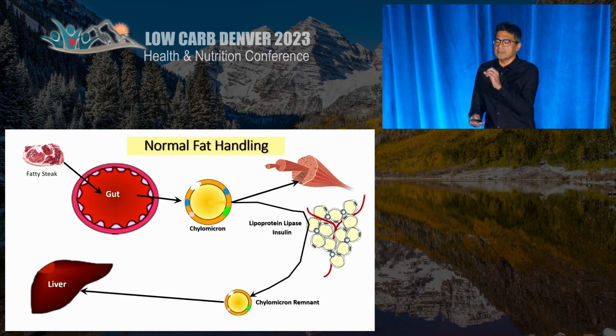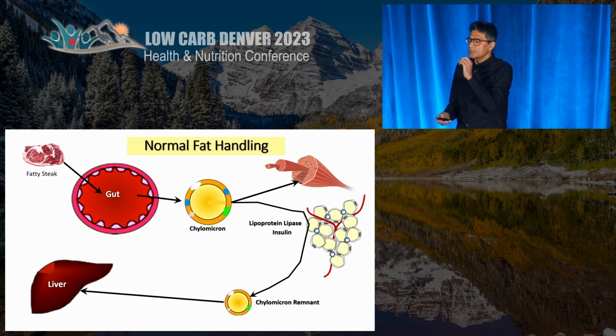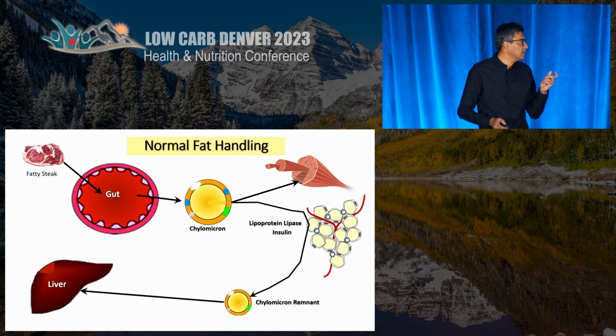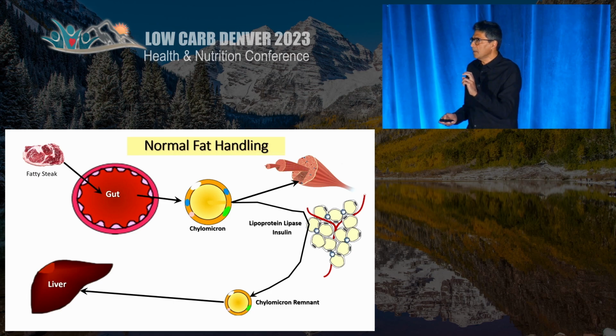It bypasses the liver, and it's called a chylomicron, a fat-filled globule, that tries to find a place to unload its cargo in the muscle or in the fat cell. It becomes much smaller, it's called remnant, it's picked up by the liver and then cleared.